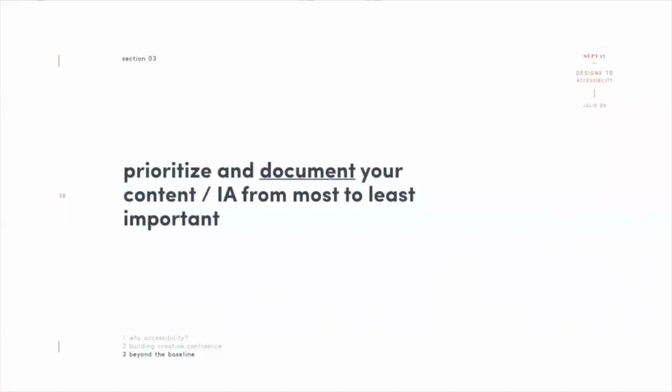This might seem very obvious to some of us, but something that I found has been very helpful for our team is to prioritize and document your content and your IA from the most important to the least important. It seems very straightforward, but when you document it and actually list it out, you can then make sure that you are building your architecture and your layouts in a way that is reflective and helpful for customers to navigate.